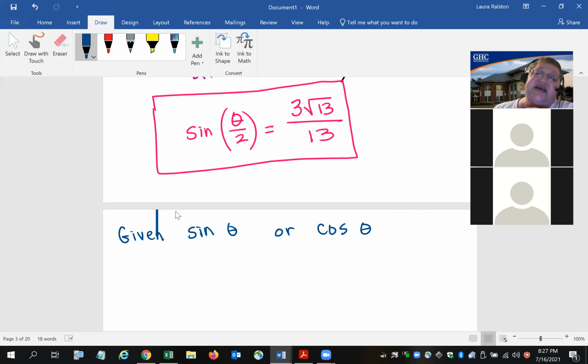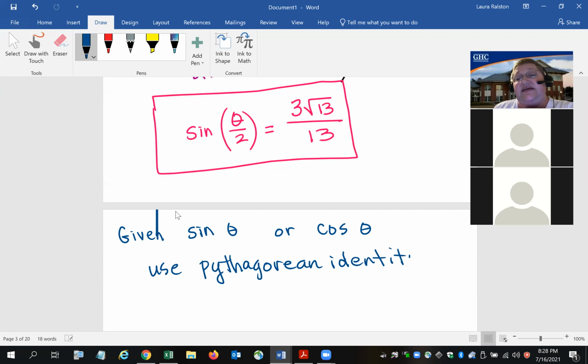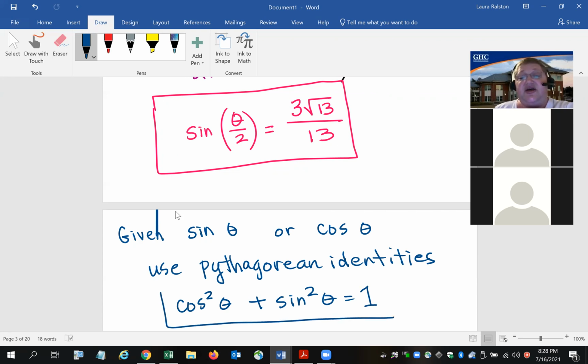If they give me cosine and I need sine, then I can always use my Pythagorean identity. You can't forget those identities that you learned earlier. I think it was in Unit 6. You can always use the identity, cosine squared theta plus sine squared theta equals 1. This relationship always exists between sine and cosine.